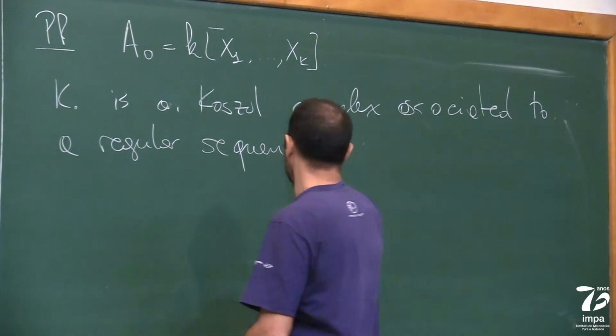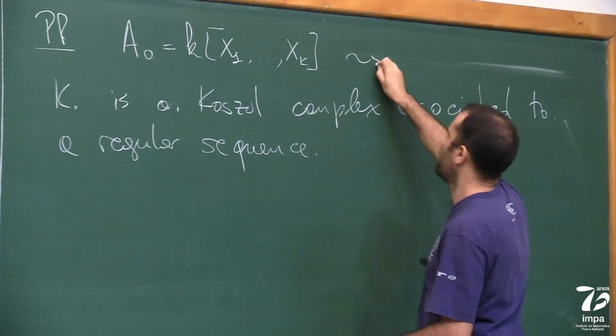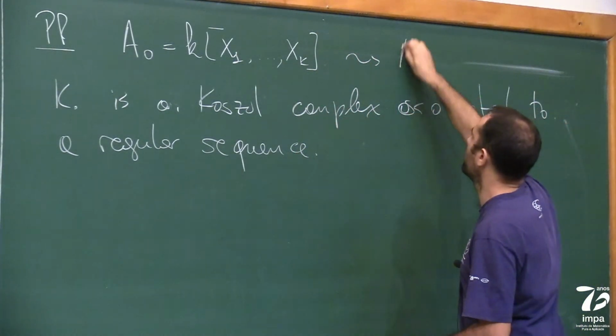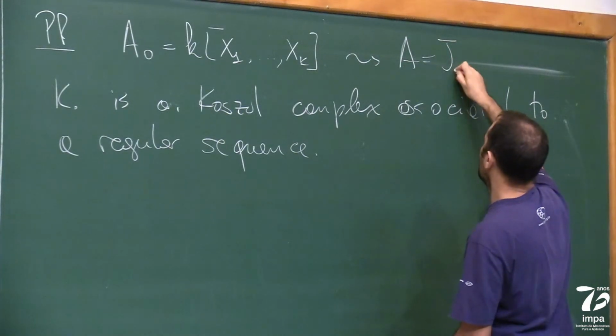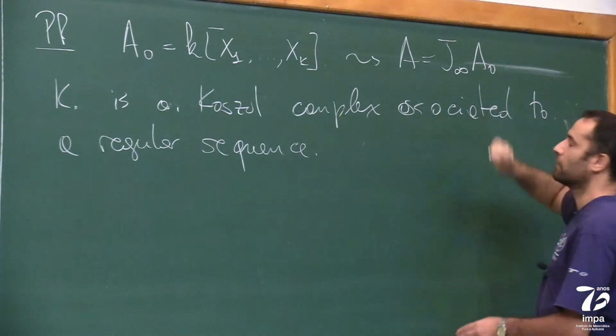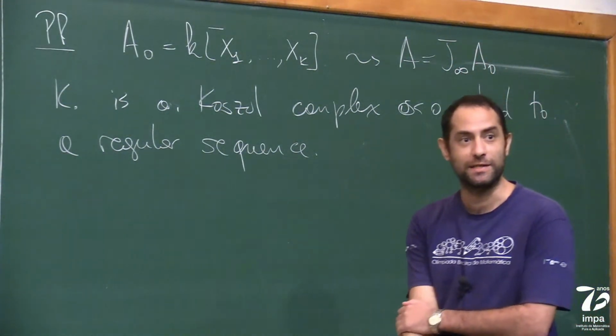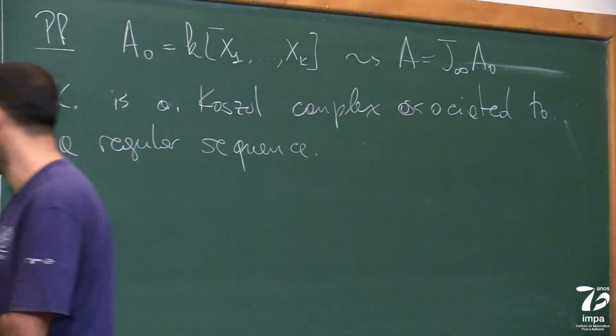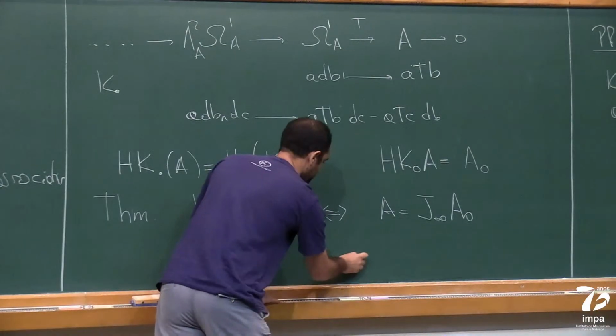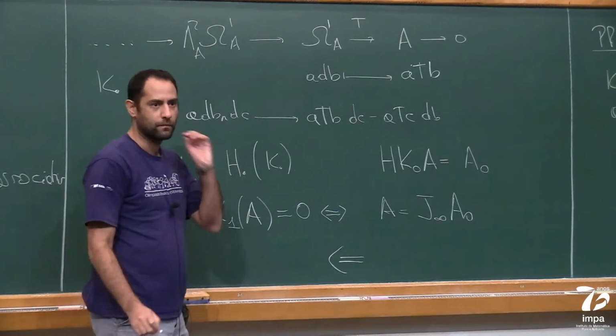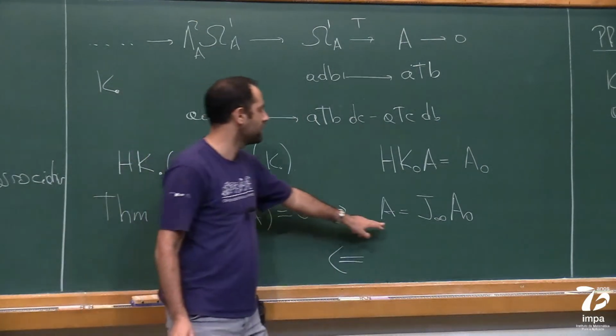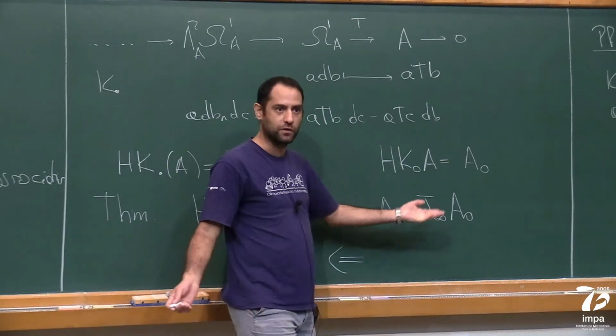Well, what am I proving? I'm taking A0 to be that, I'm going to consider A to be the arc algebra of A0, and I want to prove that its Koszul homology is 0. So I'm going to prove this first in the case where A is the arc space of just affine space.